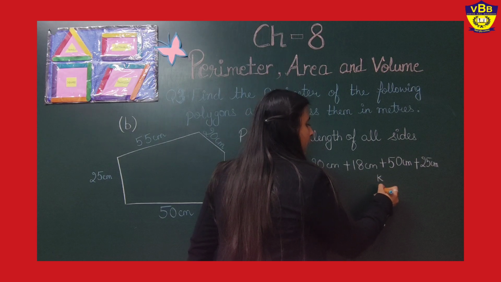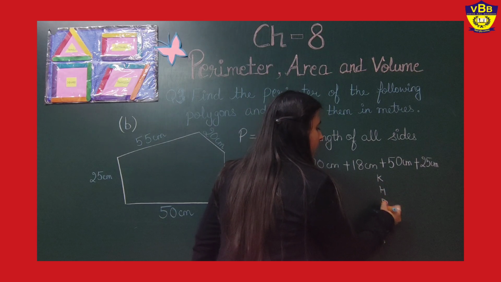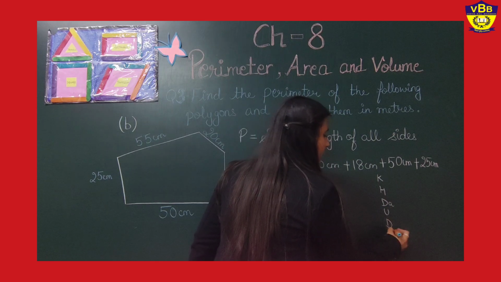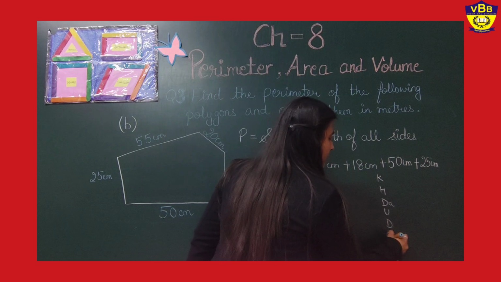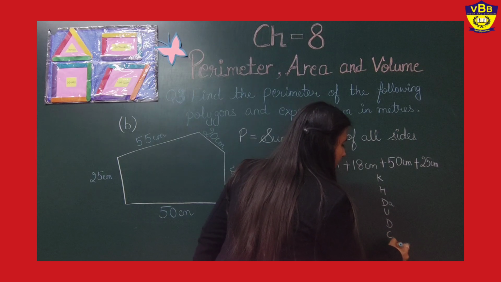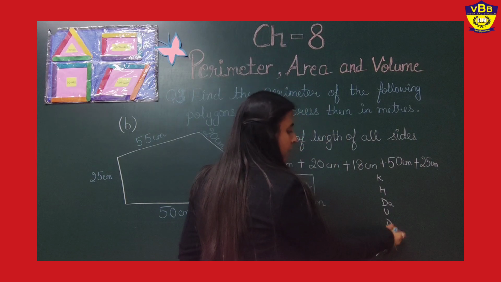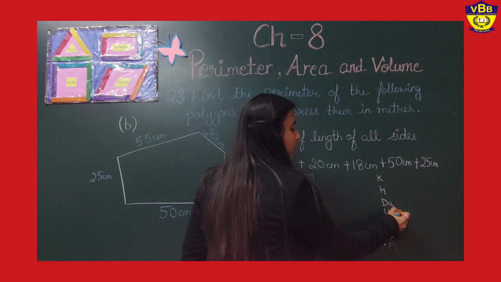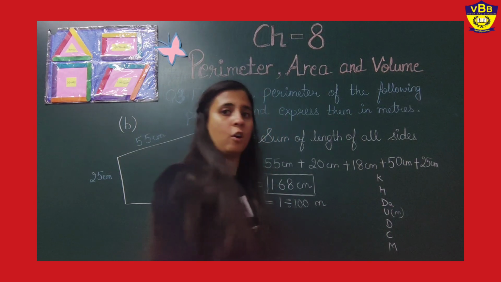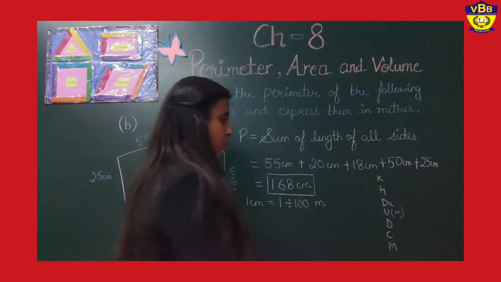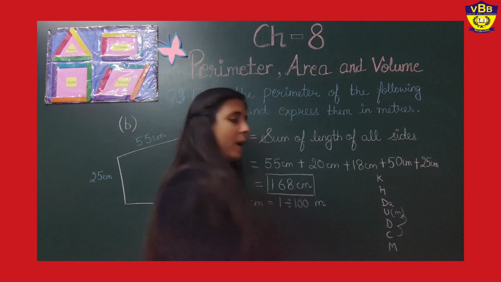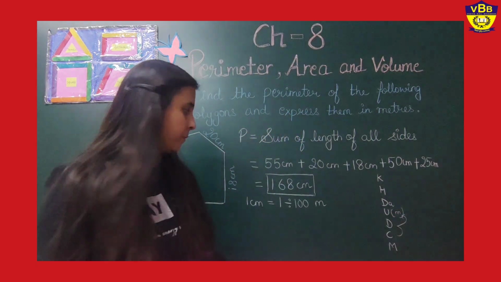K, H, D, U, D, C and N. So here it is centimeter, here it is a unit. Meter is a basic unit of length. For converting centimeter to meter, we have to go 2 steps up. That means divide by 100.